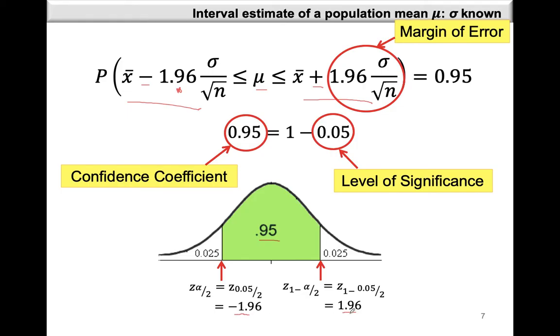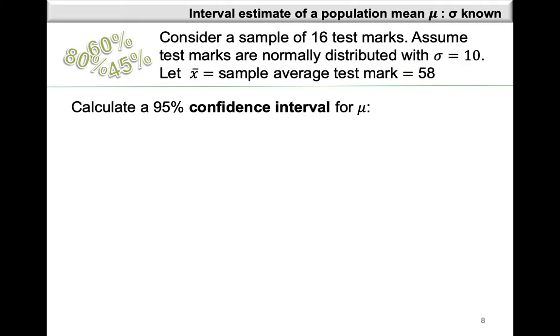Consider a sample of 16 test marks. Assume the test marks are normally distributed with a population standard deviation sigma equal to 10, and let x bar be the sample average test mark. Let this be equal to 58. So now let's calculate a 95% confidence interval for mu. So the first thing to note is what you've been given in the question. So 16 is n.